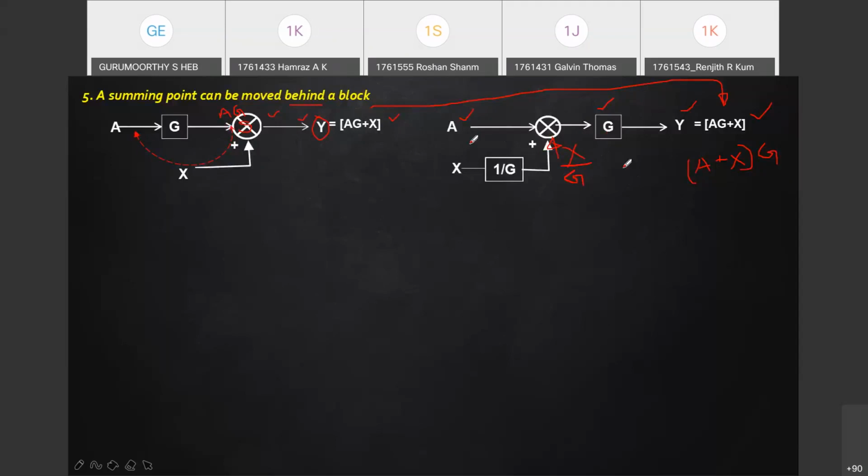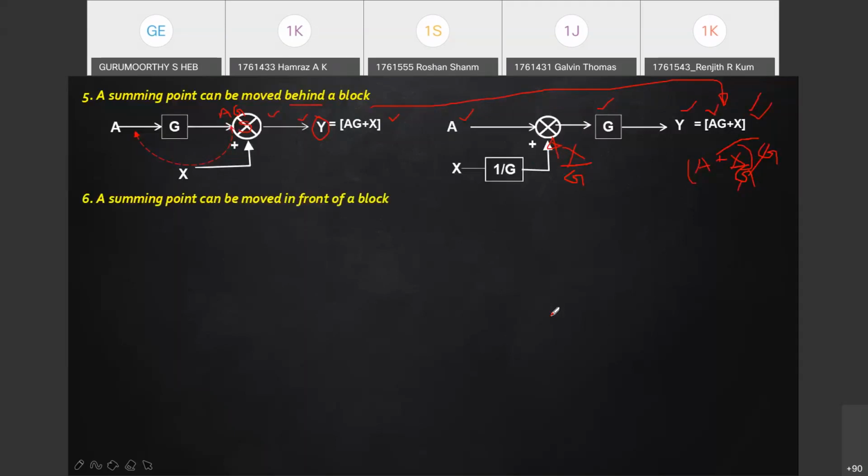So A is here. Now instead of X here, you will get X by G, then multiplying by G, it becomes AG. That is what we want here. And X by G into G will become X. So this is how you have to verify when you want to move it before or after.